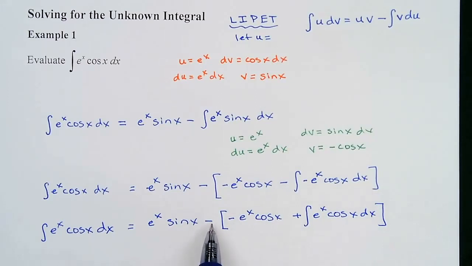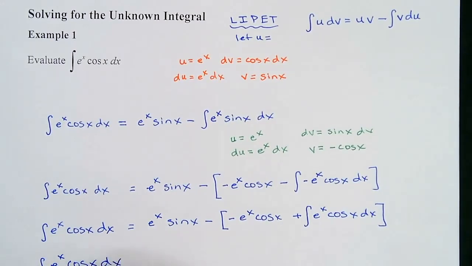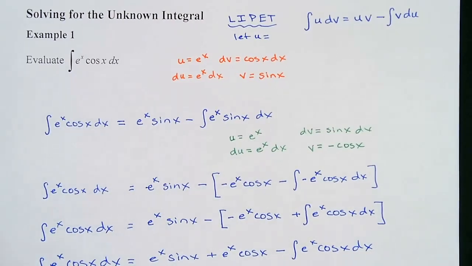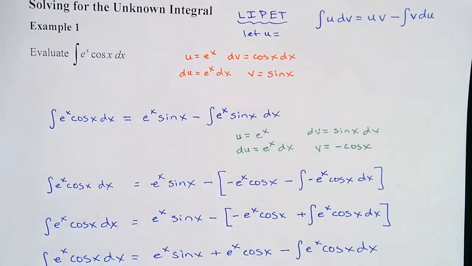And then I'm going to distribute this negative with this term and with this integral right here. So that makes the integral of e to the x cosine of x dx equal to e to the x sine x plus e to the x cosine of x minus the integral of e to the x cosine of x dx. All right, and let me slide it up so you can see that.